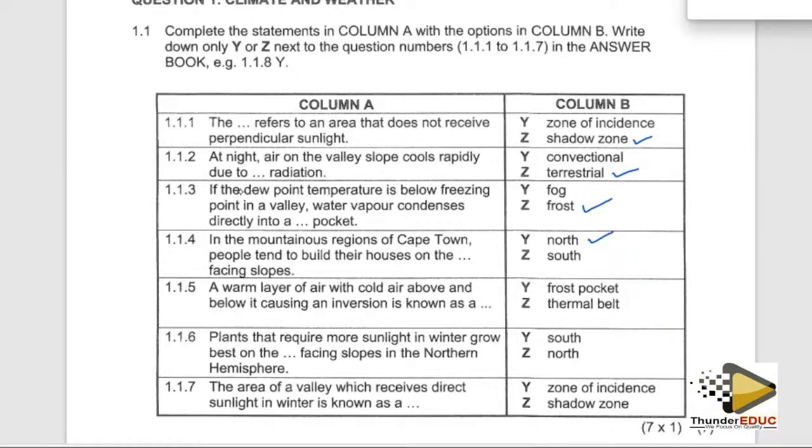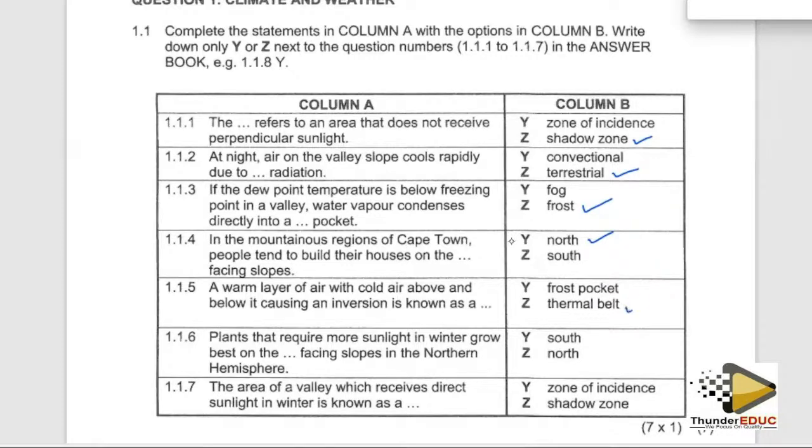Right, number 1.1.5. It says, a warm layer of air with cold air above and below it, causing an inversion, is known as, that will be the thermal belt.